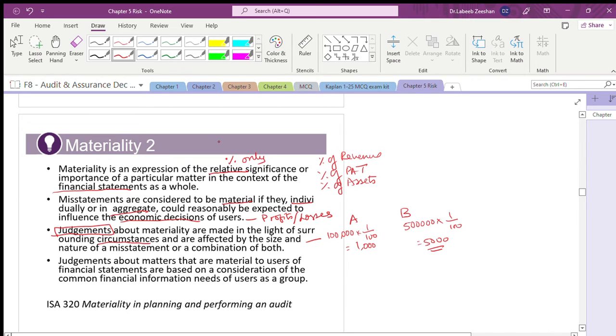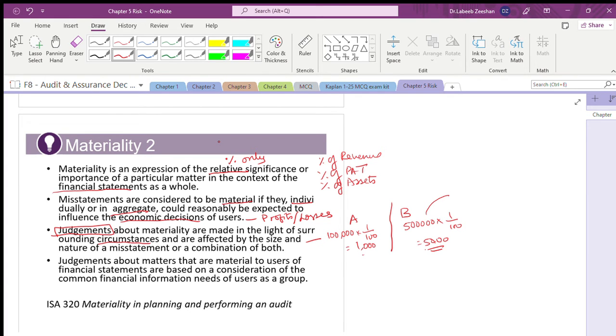Now it's your judgment. Here 1% materiality is 1,000. Here 1% materiality is 5,000. So you have to differentiate. It is up to your discretion. Sometimes 5,000 may be more material, but depending on the circumstances, when you compare with revenue, 5,000 is less than 1%.